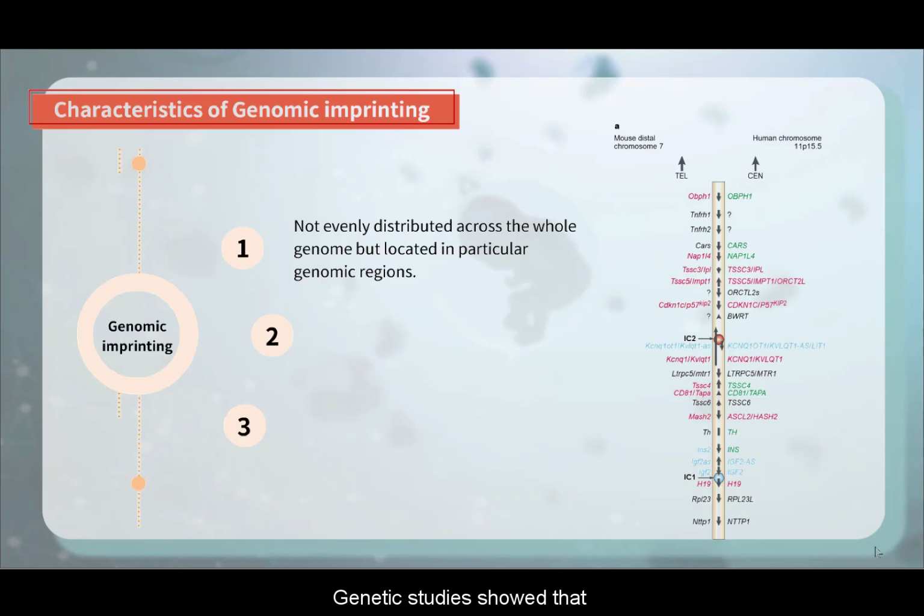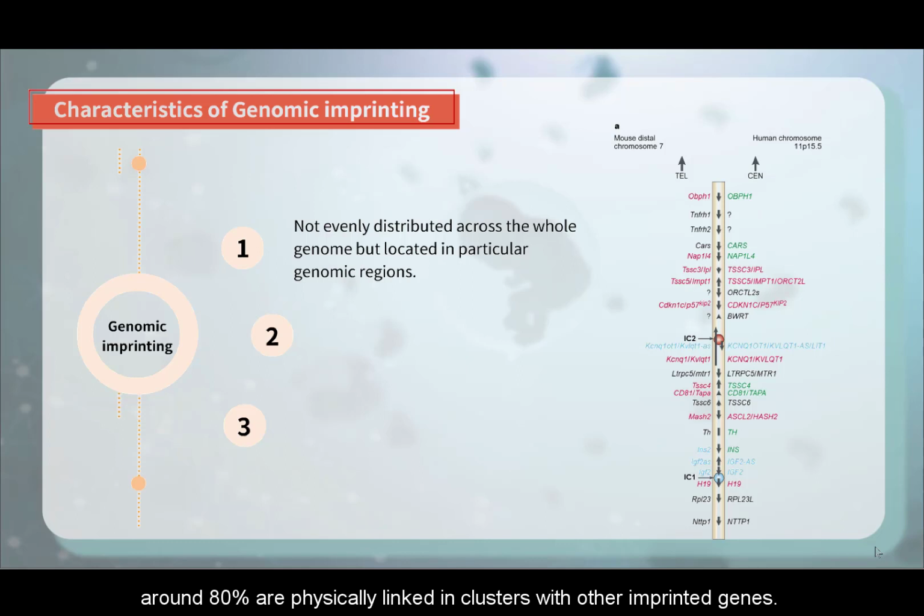Genetic studies showed that imprinted genes were not evenly distributed across the whole genome, but located in particular genomic regions. Thus, one remarkable and characteristic feature of imprinted genes is that they are rarely found on their own.